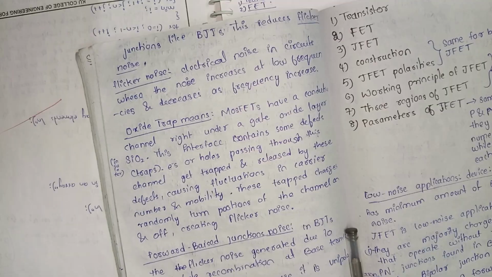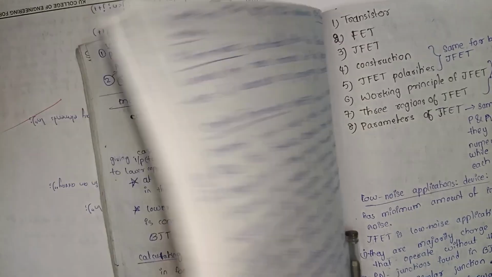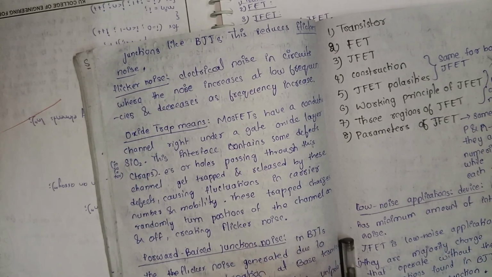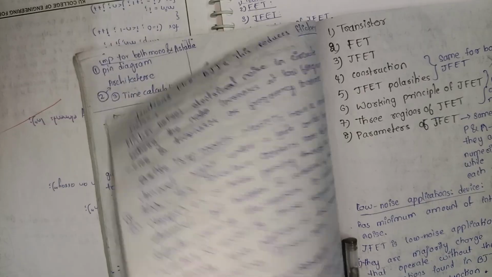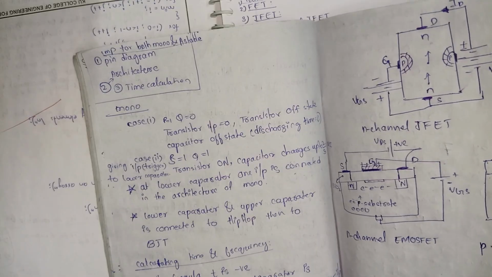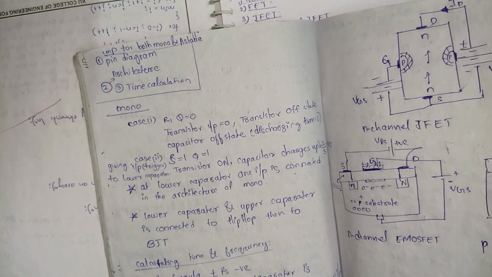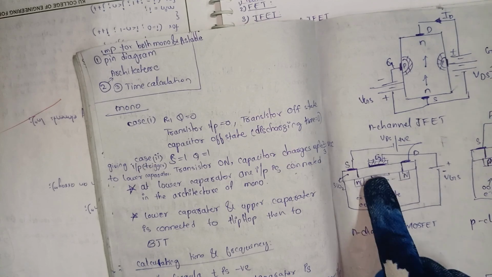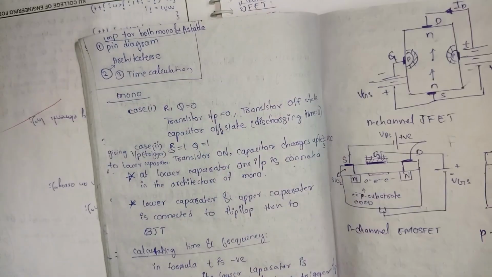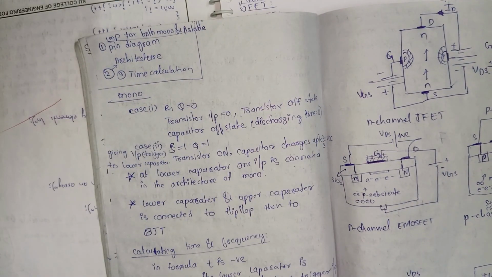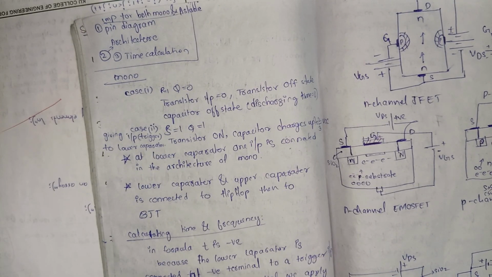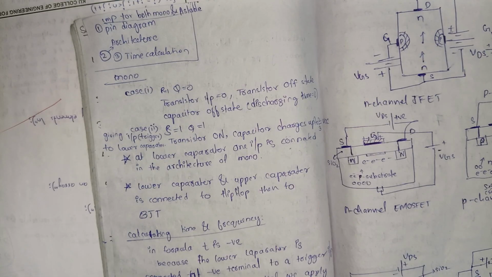If the gate voltage is positive, then it attracts the electrons of the p substrate in the E-MOSFET, and if the gate voltage is negative, then it repels the electrons of the channel away from the channel, which increases and decreases the channel size.